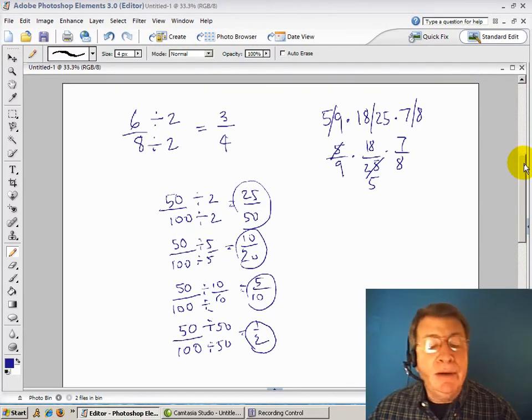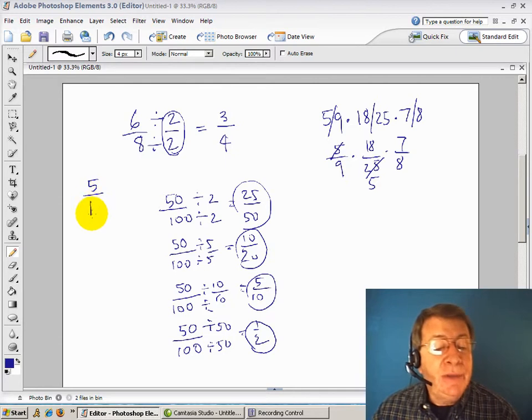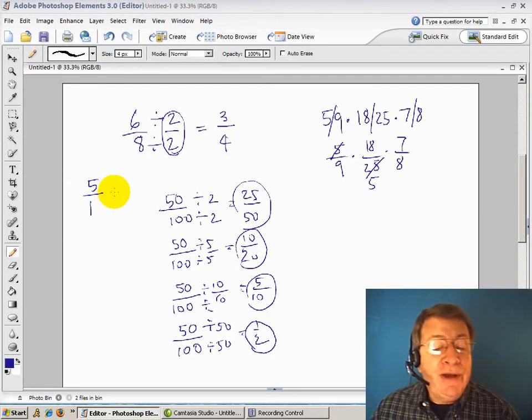Now, keep in mind, the reason why we're allowed to divide top and bottom by 2 is essentially we're dividing this fraction by 1. It's like if I had 5 cookies and I wanted to divide them among one person, me. I don't like sharing cookies. So if we divide 5 cookies by 1, each person, me, gets 5 cookies.